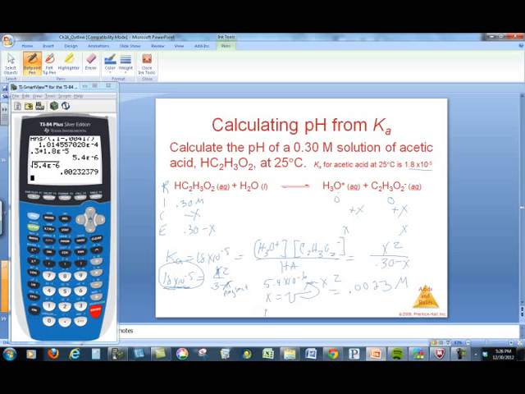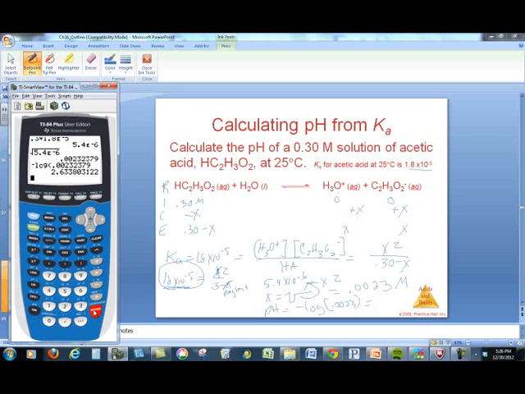So my pH is the negative of the log of that concentration, 0.0023. And if I punch that, I want the negative of the log of this, and when I do that, I get 2.63. Now I have 2 sig figs, so I want 2 sig figs. So that answer will be 2.63, because only after the decimal counts in terms of sig figs.